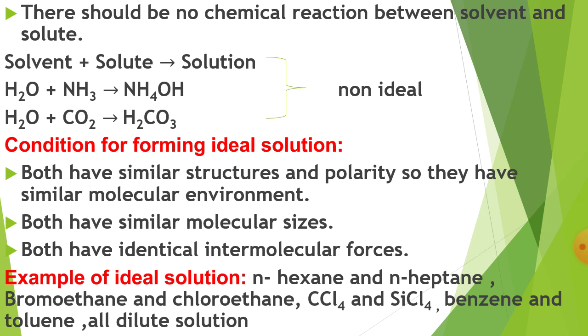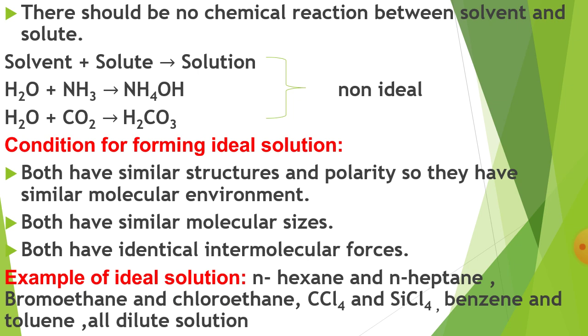The conditions: first, both have similar structure and polarity, so they have a similar molecular environment. Second, both have similar molecular sizes. Third, both have identical intermolecular forces. So by these properties, you can understand whether the given components can form an ideal solution or not.